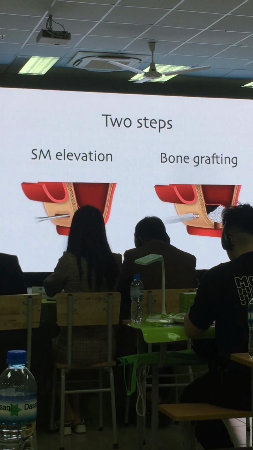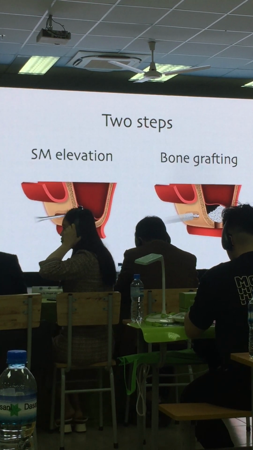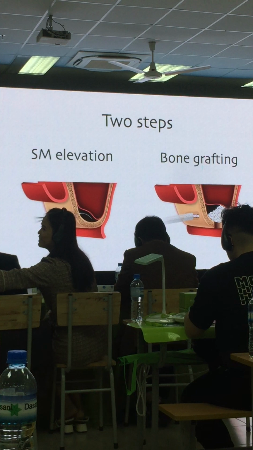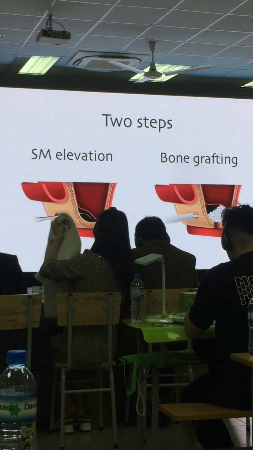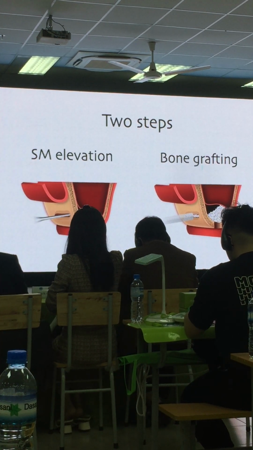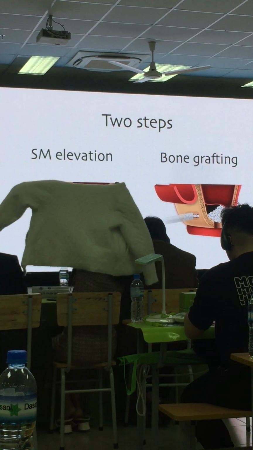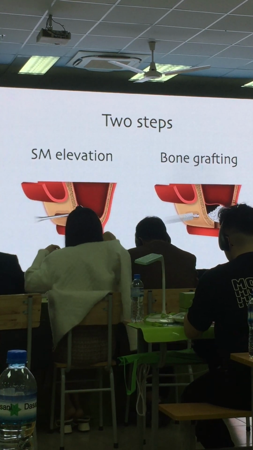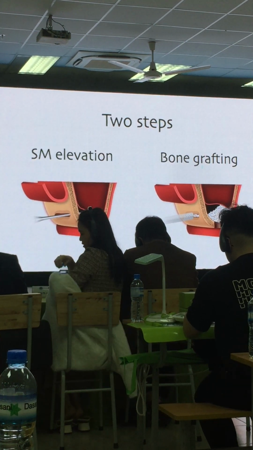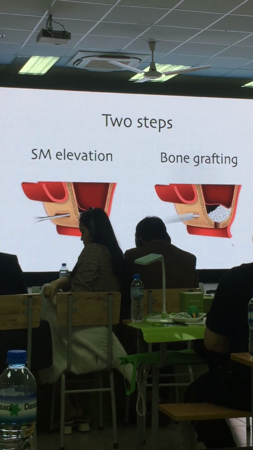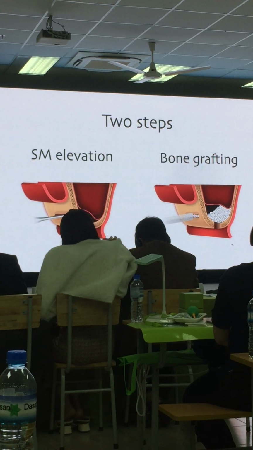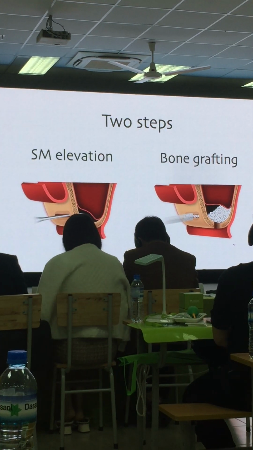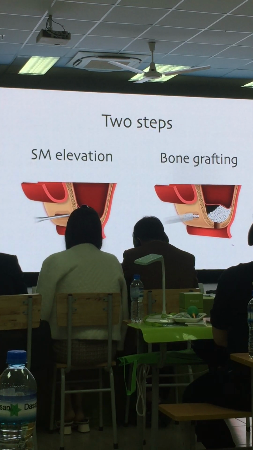The sinus augmentation procedure has simply 2 steps: elevation of the sinus membrane and bone grafting. The most difficult part of this procedure is not to perforate the sinus membrane. Therefore, it is necessary to learn more about the sinus membrane.